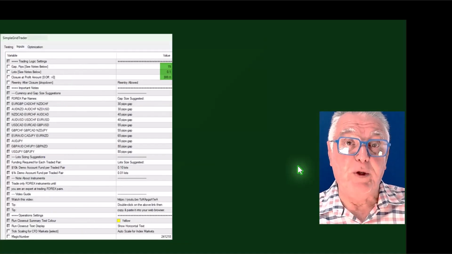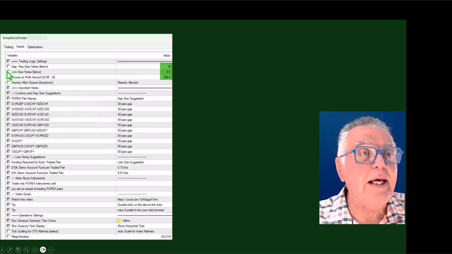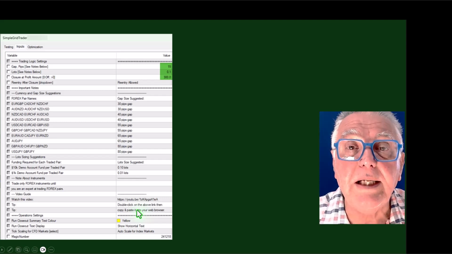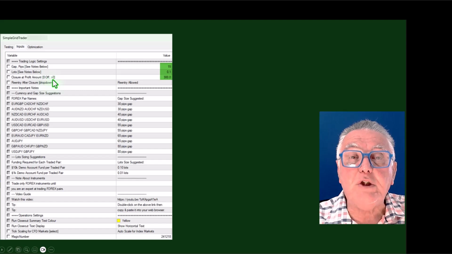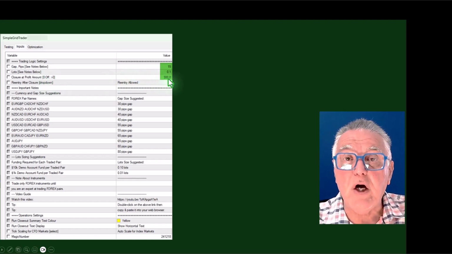How does version 2.0 look? It's a very simple one. Here is the gap in pips. You have to enter the gap in pips. We give suggestions on what kind of gaps you should be using. There's the lot sizing. Again, we give you suggestions on the lot sizing you should be using. And there is the closure amount in dollars. So at the moment, the example we've used is $300.